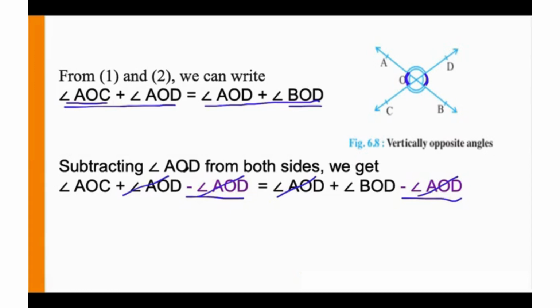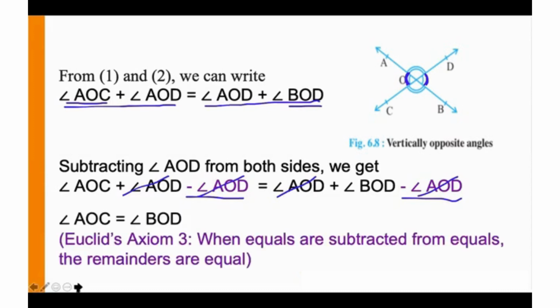So which axiom have I used? I have used Euclid's axiom 3: when equals are subtracted from equals, the remainders are equal. So now what is the remainder? Angle AOC is equal to angle BOD. That is the remainder. So I have proved that one pair of vertically opposite angles is equal.